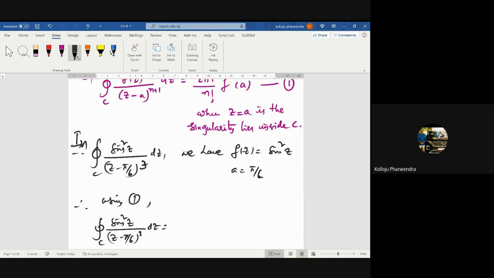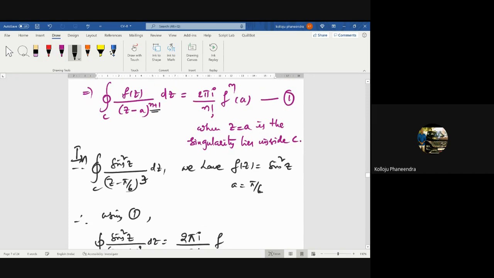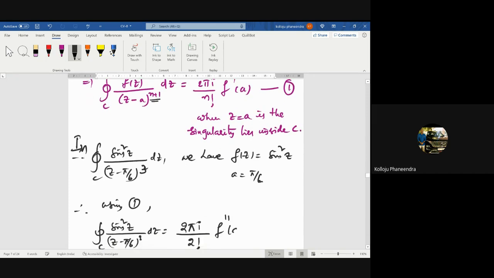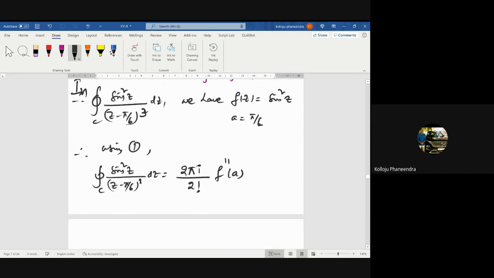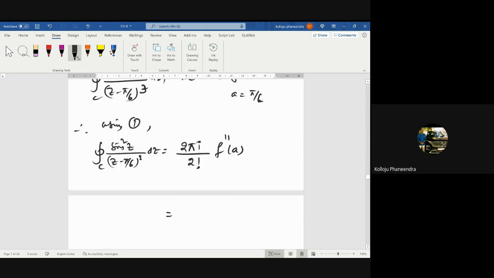What is f of z? The numerator, sine square z. And the a value is pi by 6. Since the power is cube, n plus 1 is 3, so n is 2. This is 2 pi i by 2 factorial times the double derivative of f at a, which is pi by 6.